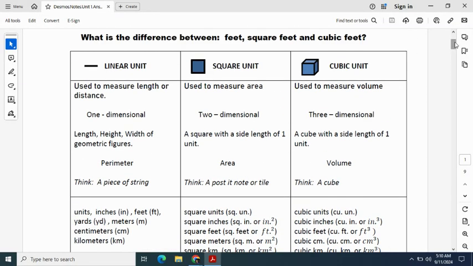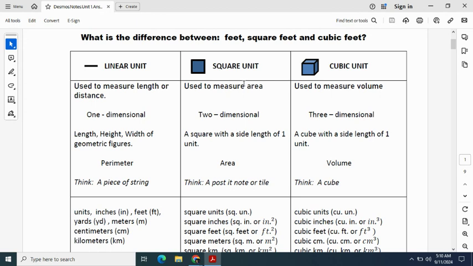Cubic feet. If you look at the picture, it looks like a cube. So look at the difference: a square unit is a two-dimensional figure. A cubic foot is actually three-dimensional. Cubic unit is used to measure volume. Volume is the space inside a 3D figure. So if we're looking at our classroom, how much space would fill the inside of our classroom?